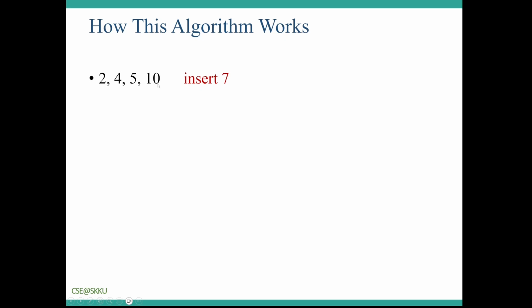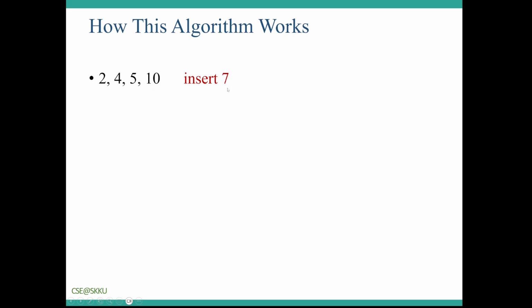Now we want to insert the new element 7. First, we compare 7 with the last element, which is 10. Since 10 is larger than 7, we shift 10 one position to the right. So 7 should be located before 10.